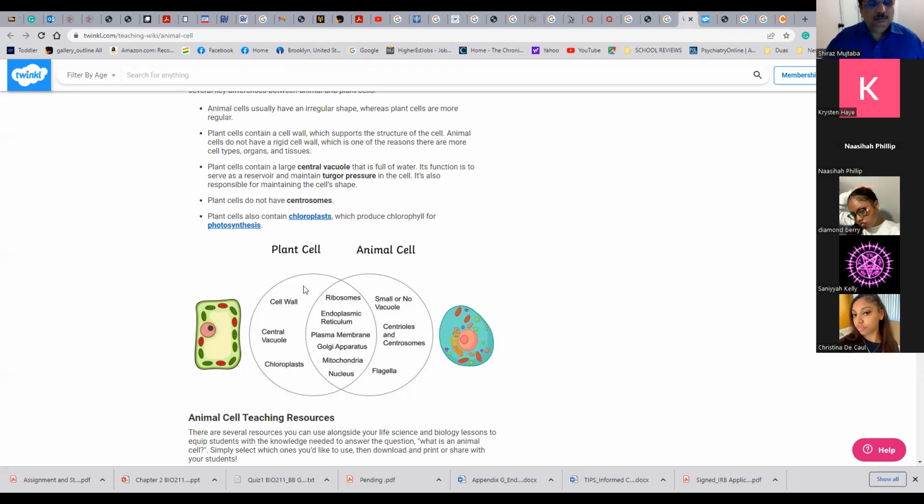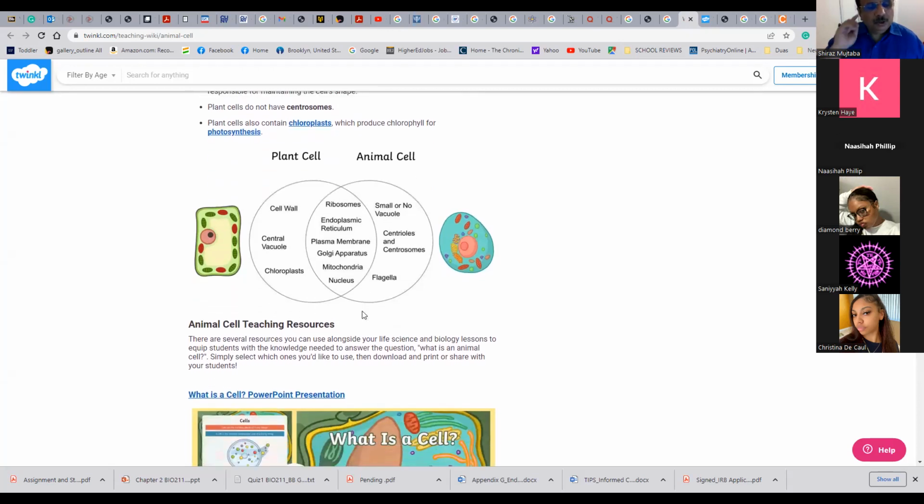So the first activity that I gave early in the morning, a few of you got very right. This is a very clean Venn diagram to present the differences and similarities between a plant cell and an animal cell. The biggest physiological difference is that plants are very independent.